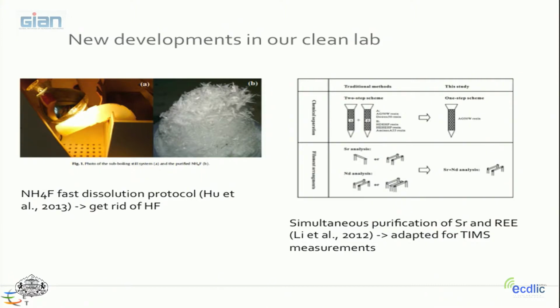If you are not all the time there to supervise the new master 2 students coming into the lab... So in Toulouse, we are starting to develop some new chemistry using a compound I showed you in the beginning, which is called ammonium fluoride.